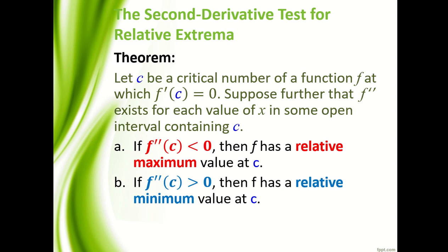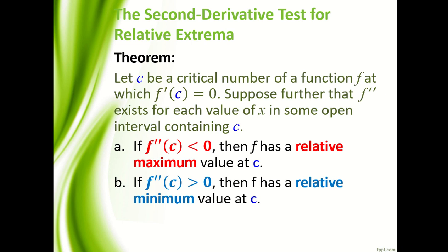In this case, if the second derivative is less than 0, meaning negative, then f has a relative maximum at c, the maximum value at this particular value c. Otherwise, if this is positive, or greater than 0, then the function has a relative minimum at c. It's easy to remember, class, for the second derivative test. If the second derivative is negative, it means relative maximum.